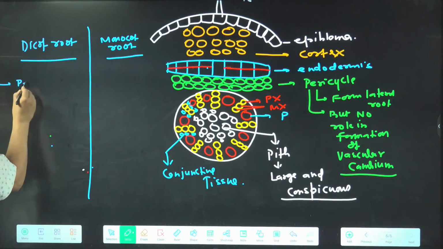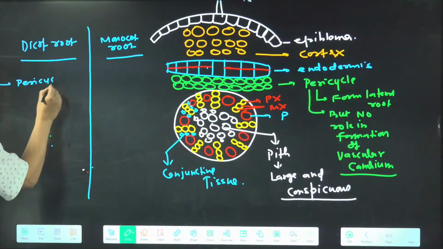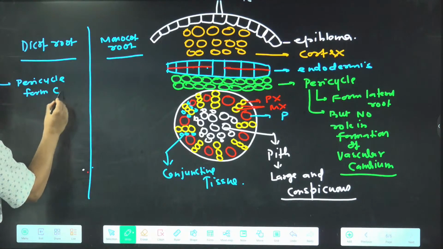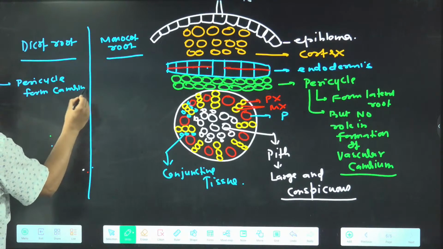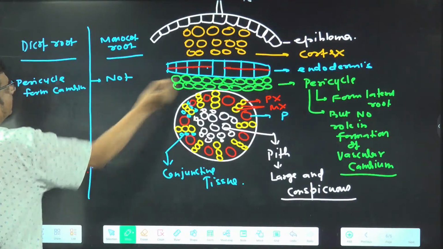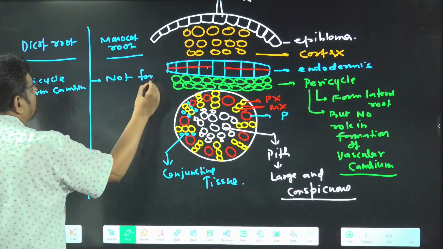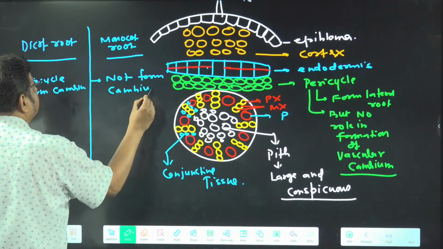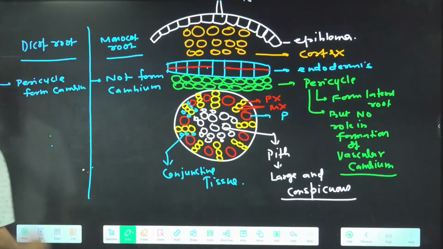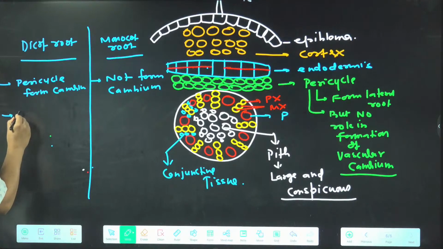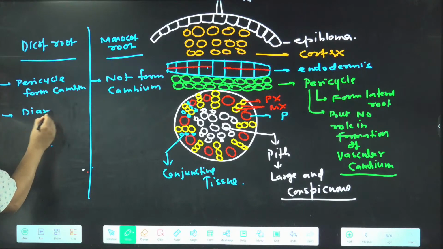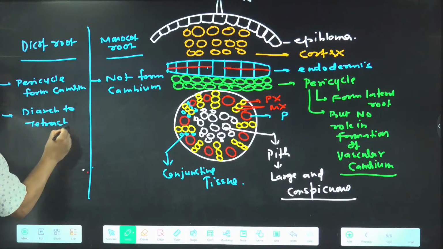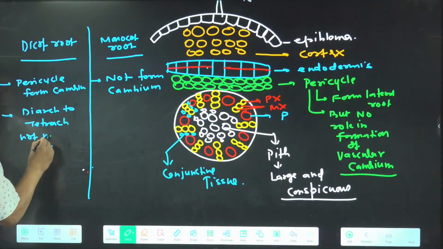First, pericycle forms cambium in dicot. Not from cambium here. I wrote in detail, na? Not from vascular cambium. So simply not from cambium. Okay. Second difference. It is diarch to tetrarch, not more than hexarch.